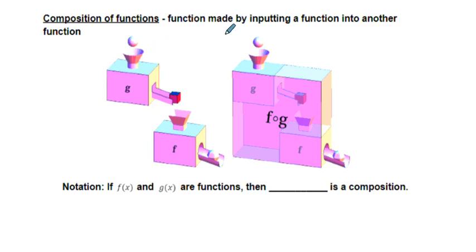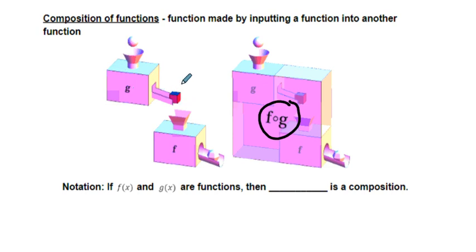Here is a visual that I think might be very helpful. It says composition of functions: functions made by inputting a function into another function. This shows the f of g function, set up like a machine. You put something into g, it does its thing, and it comes out as, say, a block. You put a ball in, and it comes out as a cube.